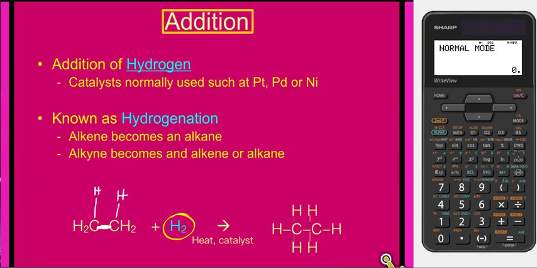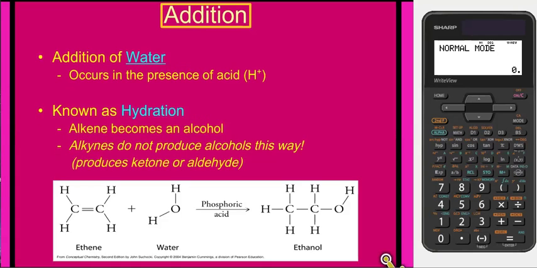Yes, sir. Next one, we are going to add water. Remember water, they call it hydrate. Actually, if water was called water, the reaction was going to be called watergenation.